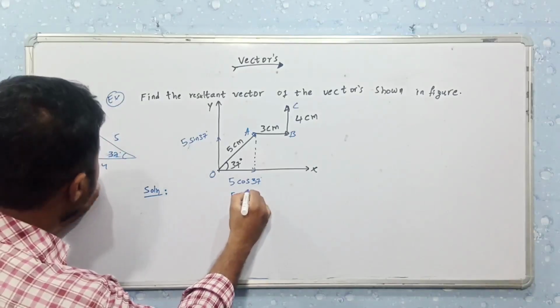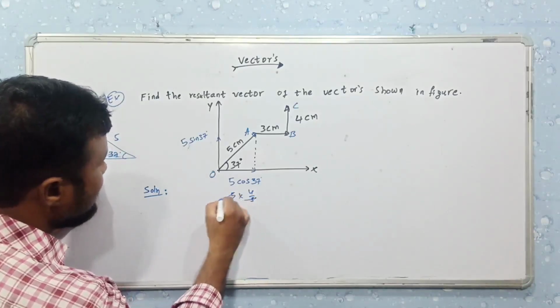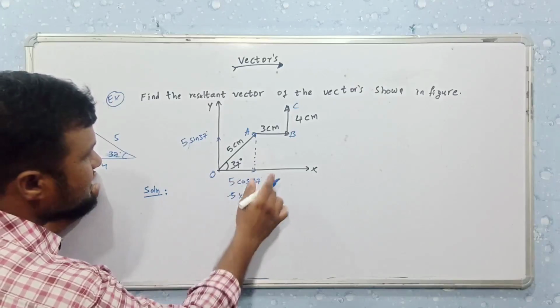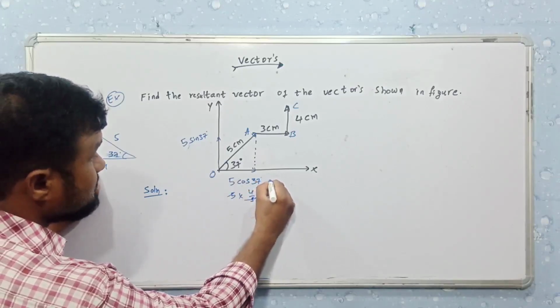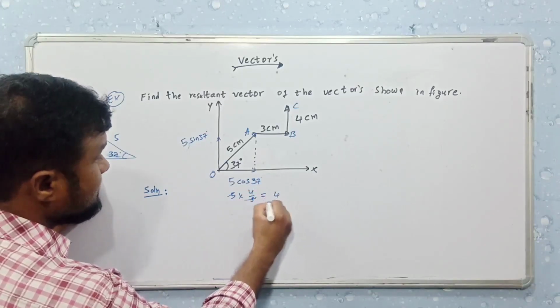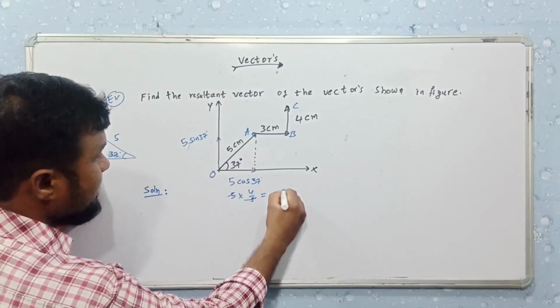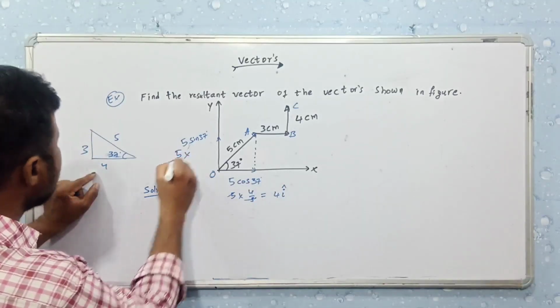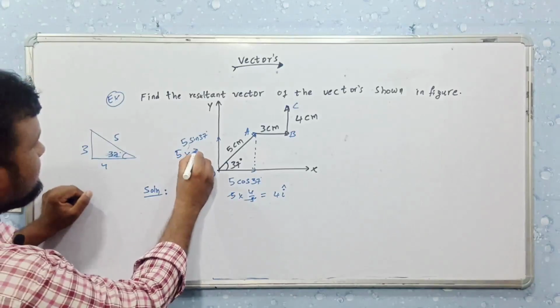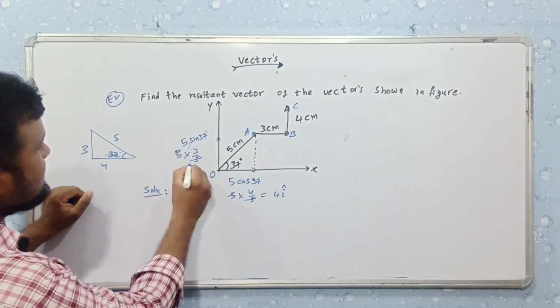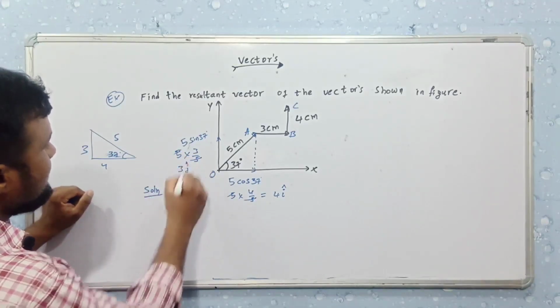So 5 into 4 divided by 5, 5 5 get cancelled. So in the direction of x-axis the component is 4 i cap, and 5 into sin 37, 3 by 5, 5 5 get cancelled. So 3 j cap will come.